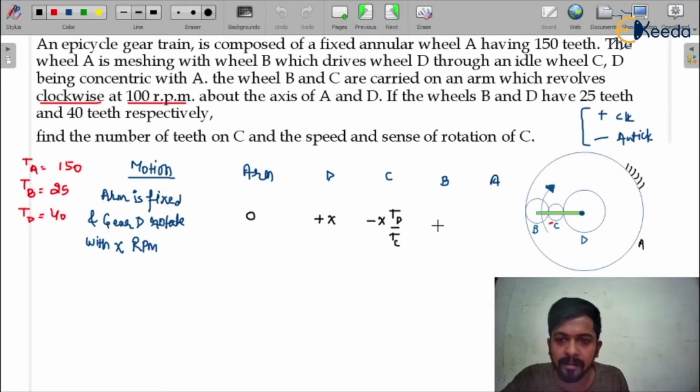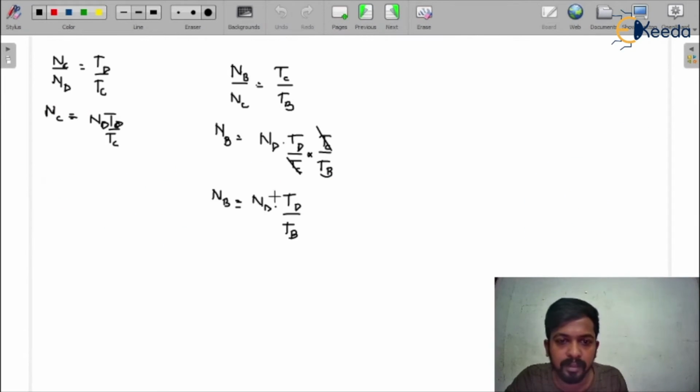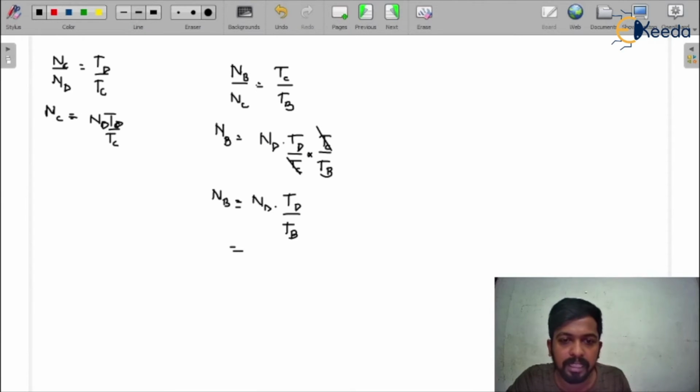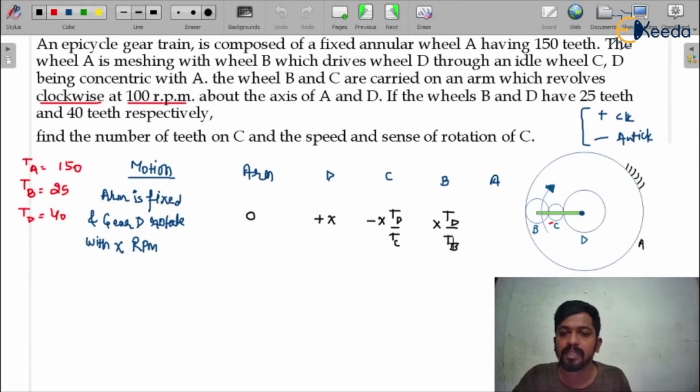So I'm just taking plus sign, so plus x TD upon TB. Okay, are you getting my point? We all know that the speed of D is x, and the speed of B is x TD upon TB, and we have calculated the direction. This is in clockwise direction, so that is plus sign.